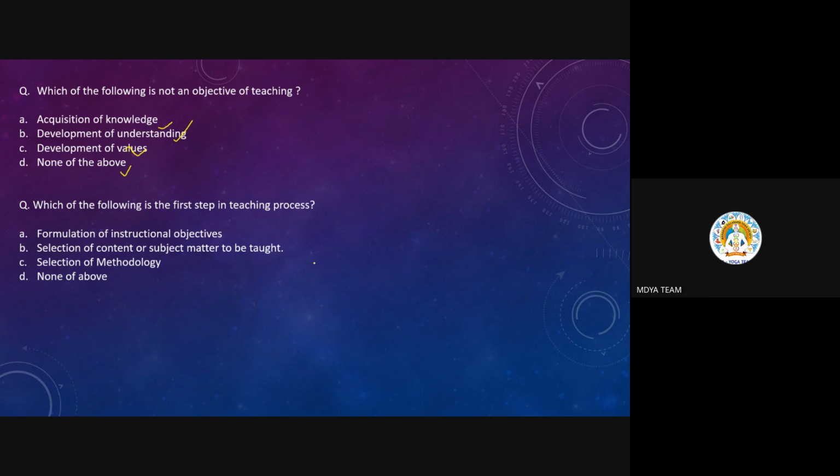Manjusha, very good. Formulation of instructional objectives, because I have told you some key points: there are always some predetermined goals that we have to achieve before starting teaching, before selection of content, before selection of the method. The teacher should be clear in mind about what he or she is going to achieve. So formulation of instructional objectives is the first step in the teaching process.